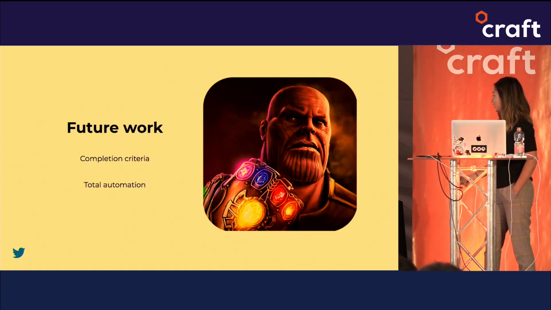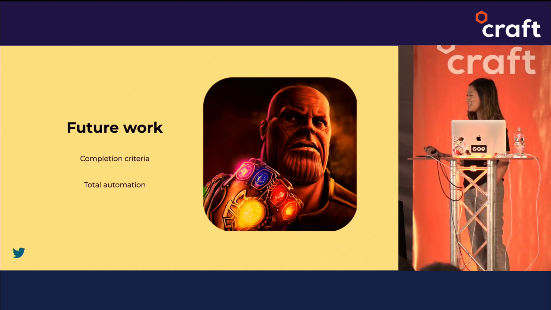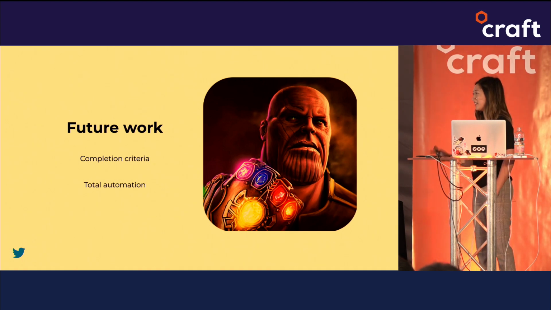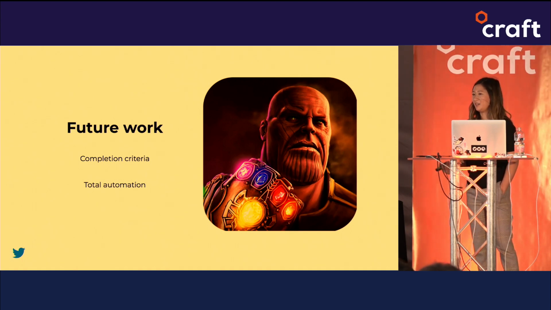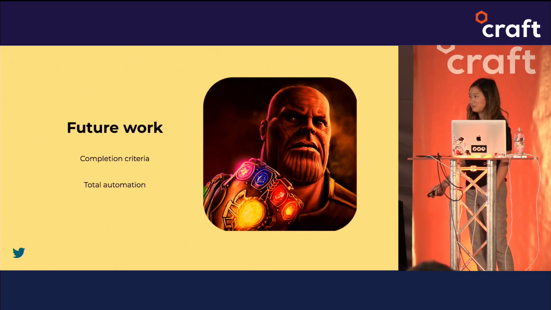And some future work: you might have noticed that I glossed over how the experiment stops when we find a good enough result. Right now, it's up to the user to determine when is good enough and when they want to stop. Eventually we want to work on a more unified completion criteria of when to stop.